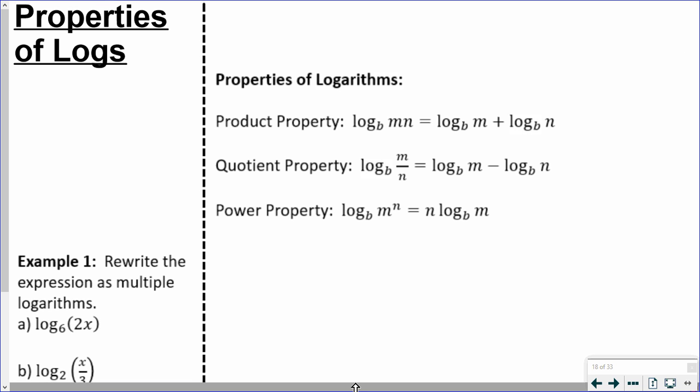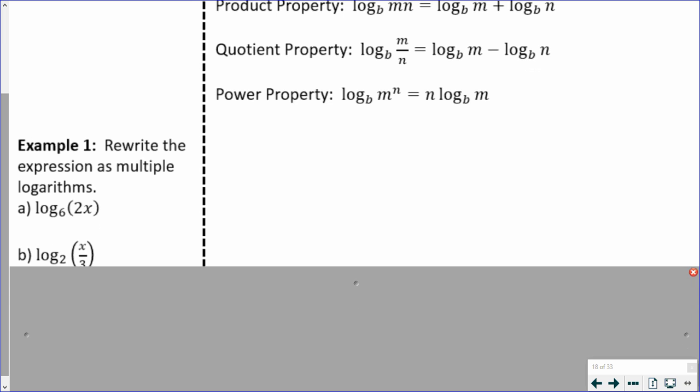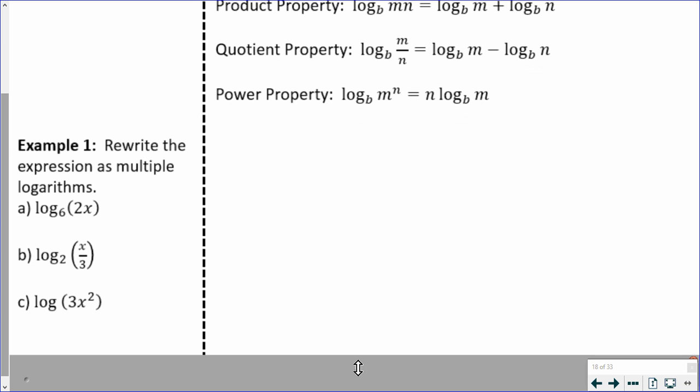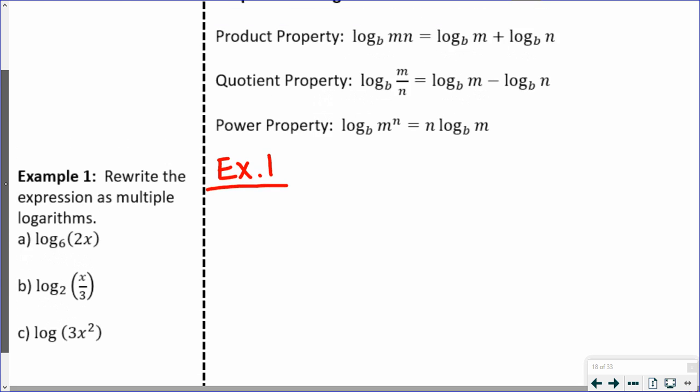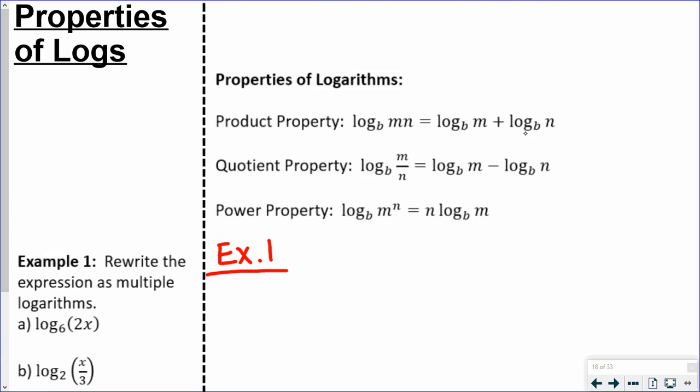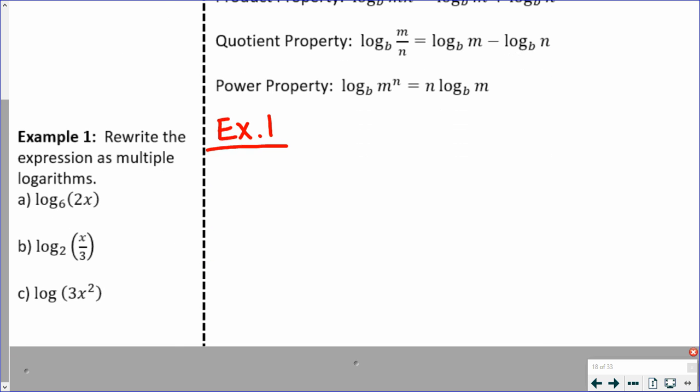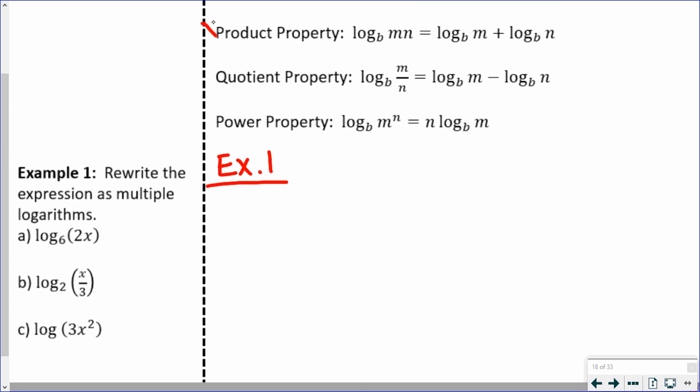Okay, so let's do example 1 here. Rewrite the expression as multiple logarithms. So that means we want to take it and expand it out as far as we can go. Okay, so we have log base 6 of 2 times x. So that means that we're going to be using this property because we're multiplying two things inside.